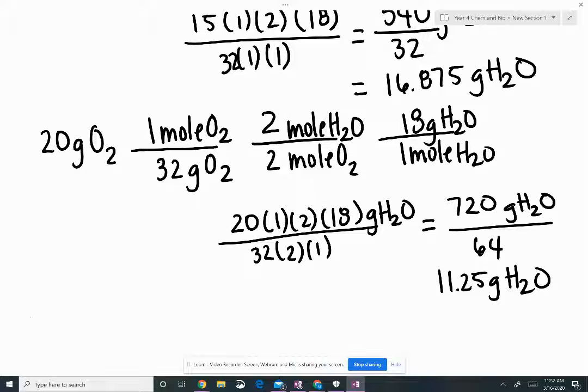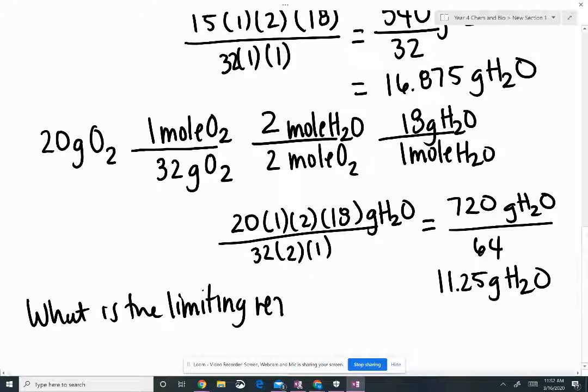If they ask, what is the limiting reagent? Then we're able to compare these two answers.